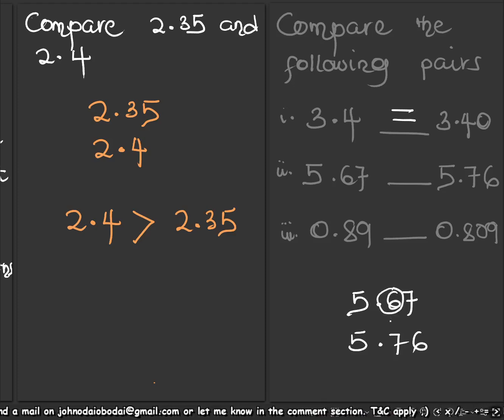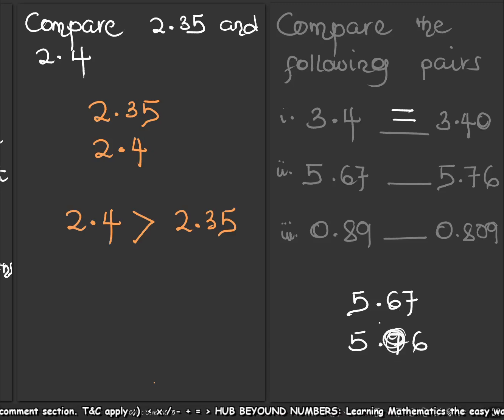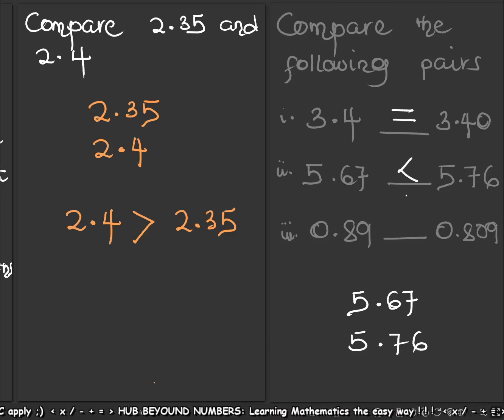This one has 6, but this has 7. That alone can form a basis for our comparison. 7 is greater than 6. Hence, this digit here is greater than this one. So it means we are going to put this symbol over there and say 5.67 is less than 5.76.